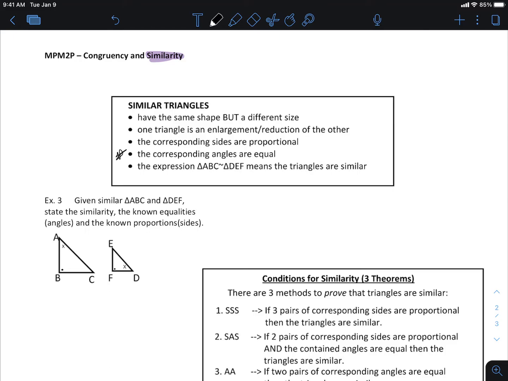And this is how we denote similarity, you'll notice we're missing the equal sign. This is how we denote similarity between triangles.